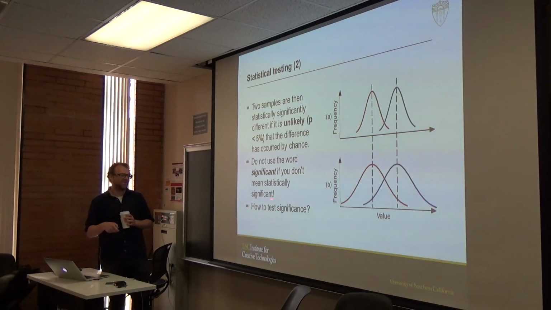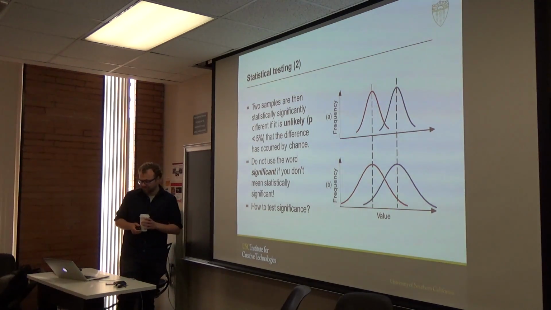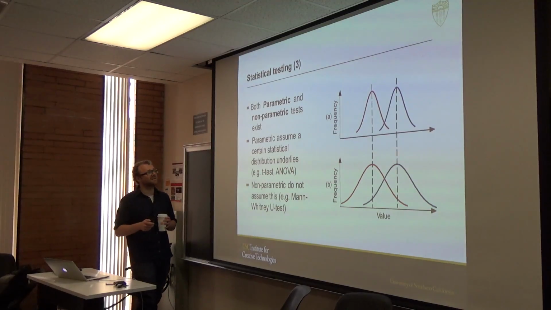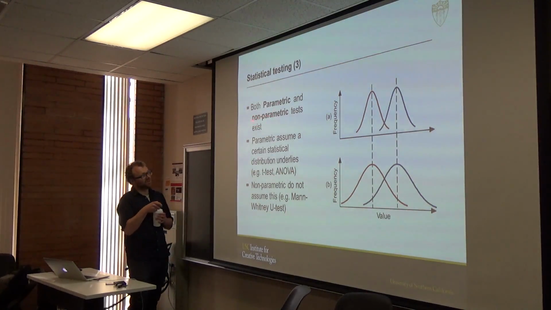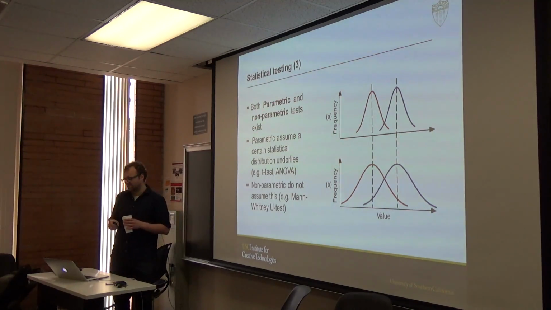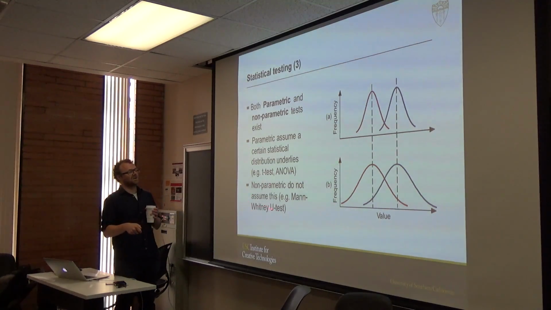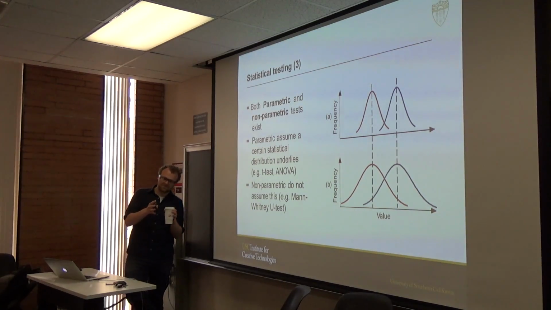So what we now need to understand is how do we test for significant differences, okay? And there are two types of tests. Most of the time, if you don't know anything about your distributions or about your data sample, use non-parametric tests, where, for example, you are doing a rank sum test or a Mann-Whitney U test and so on, where the data distribution does not follow certain assumptions.